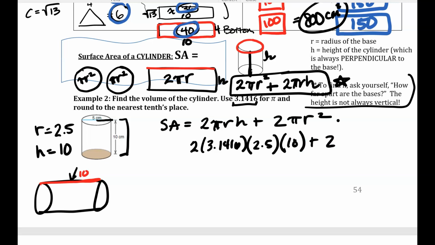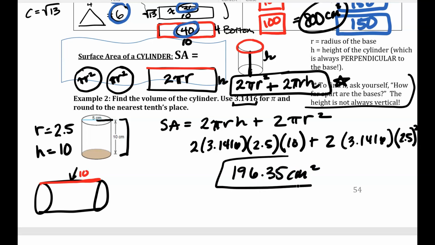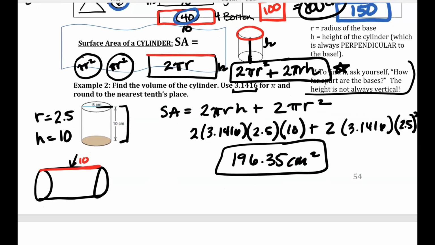I'm going to write 3.1416 times 2.5 squared. And if you work that all out, I end up getting 196.35 square centimeters. And this goes probably without saying, but at any point I would pause the video and try to do the problem yourself, and then you could resume the video and see if you got the problem right.